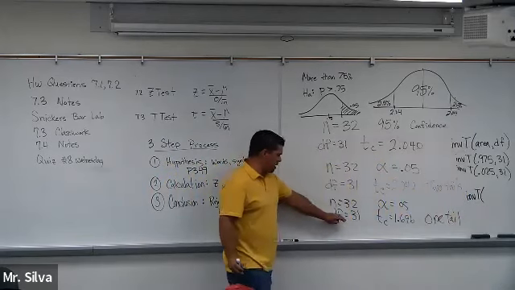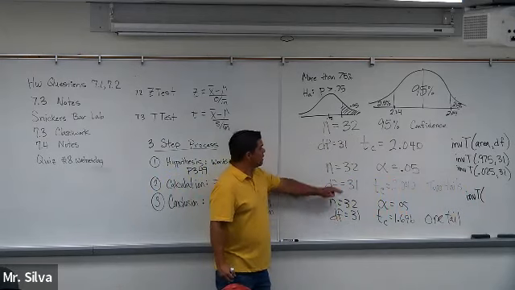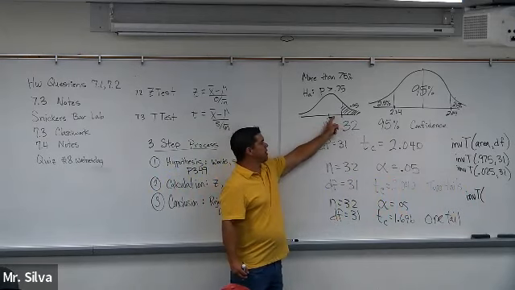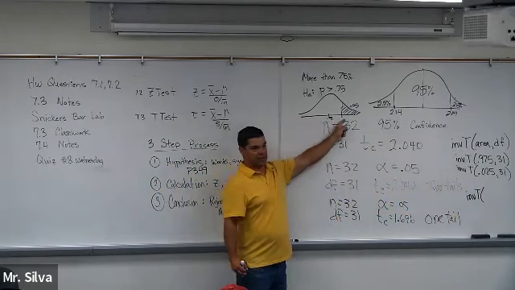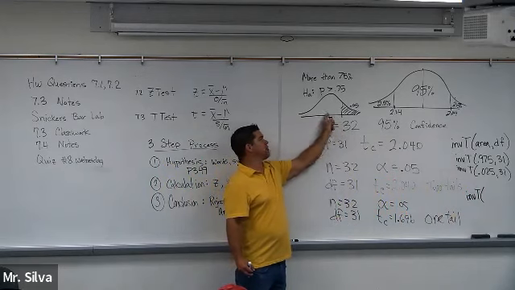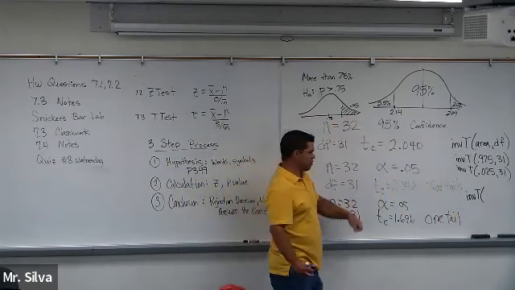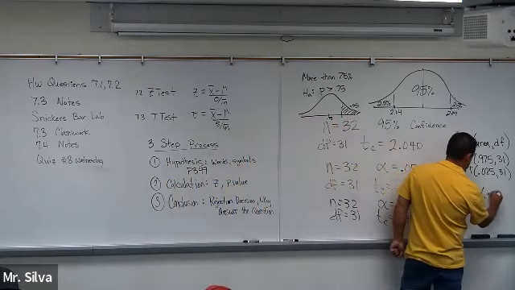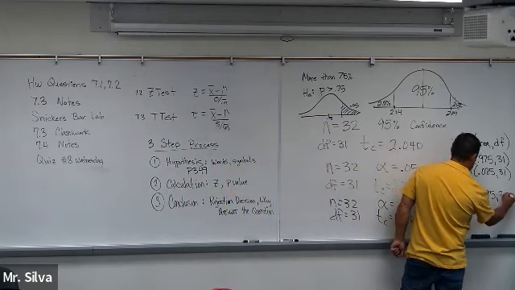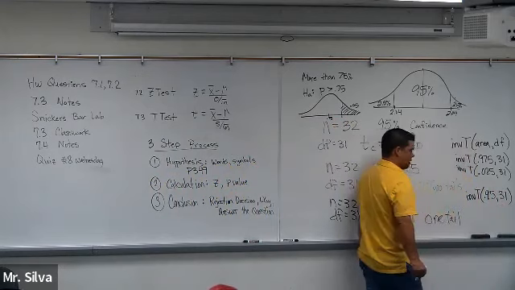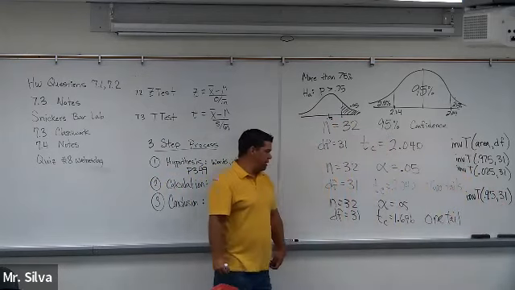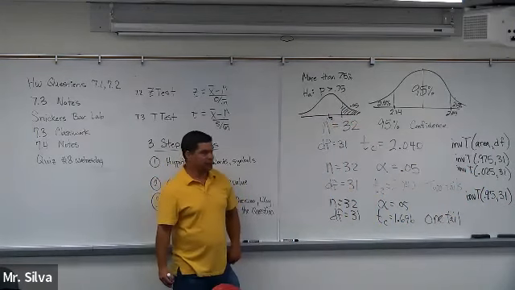So if I do this one, inverse T, the left tail area is going to be 0.95 now. The area from here to the left is 0.95, and the area to the right is 0.05. I'll put 0.95 in there, and that'll give me the 1.696.